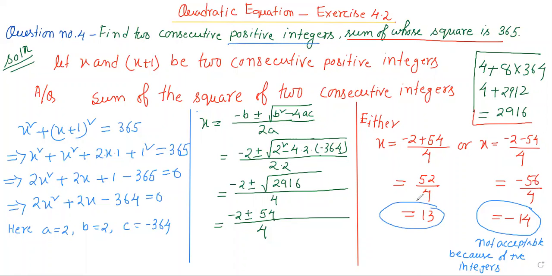Now we are asked to find the two consecutive positive integers. We have found the value of x. Now let me erase here.